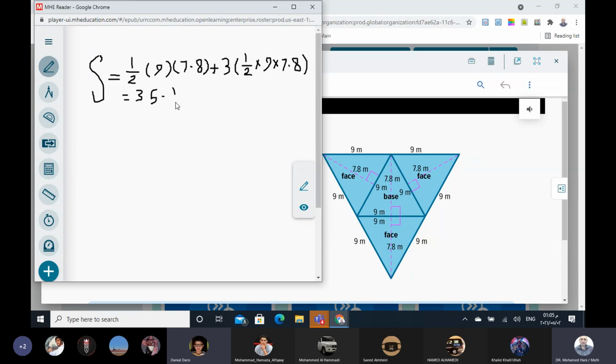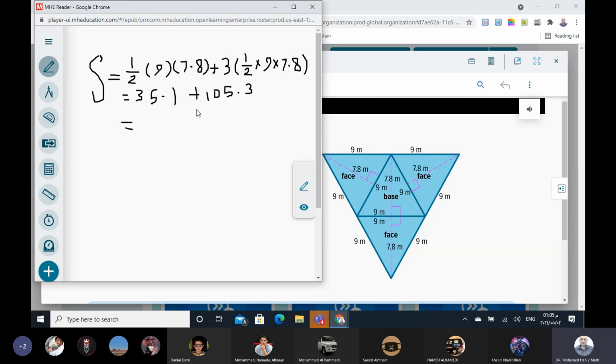Great, 35.1 plus, here we have 7.8 times 9, then times 3. The answer will be 210.6 divided by 2. So the answer will be 105.3.